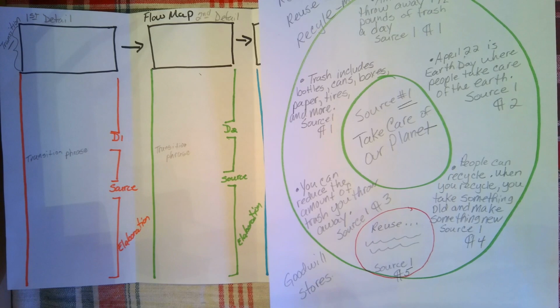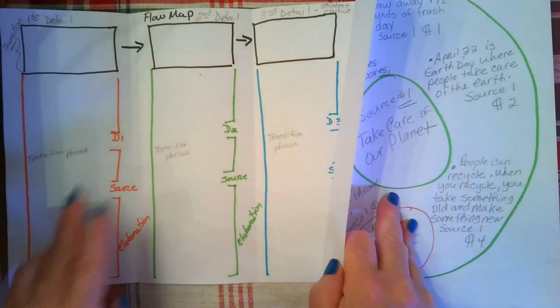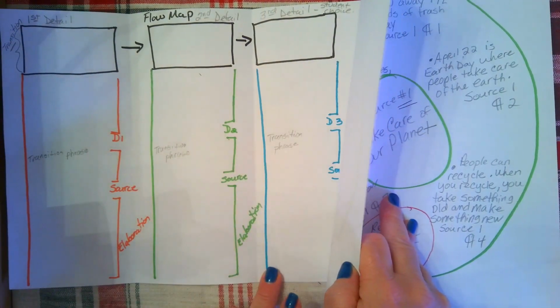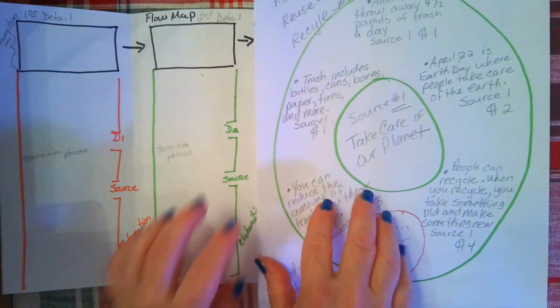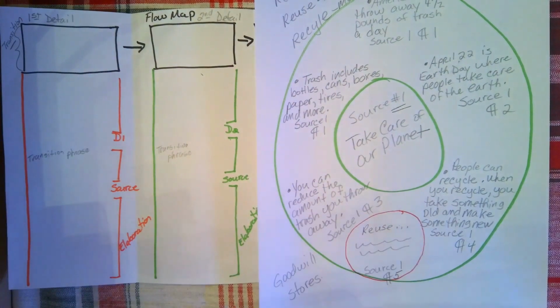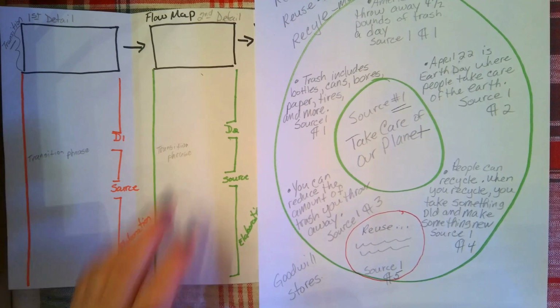So after the students outline the flow map in the different colors, you're going to ask them to circle in orange a detail that you're going to use as the first detail.